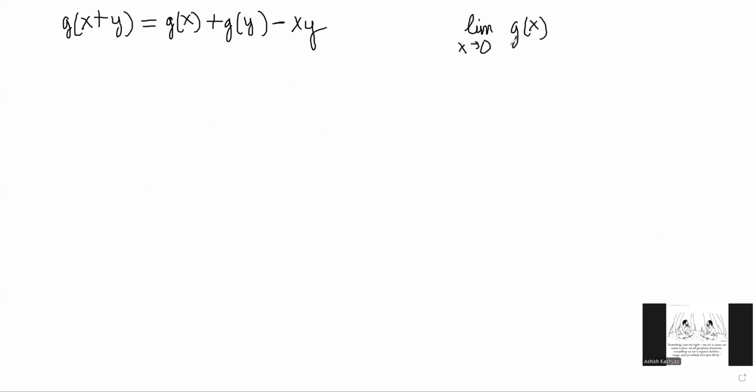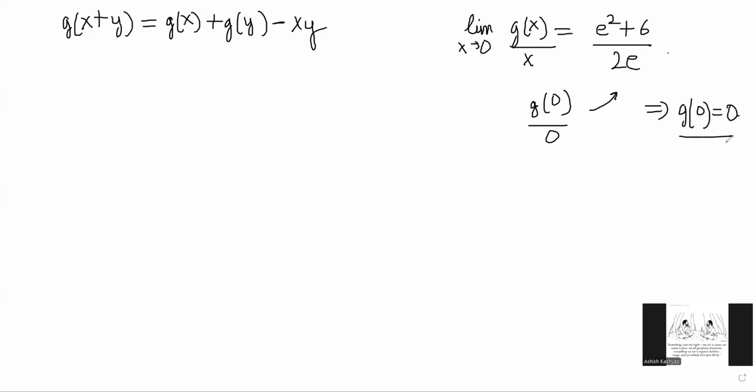So here we had g of x plus y is equal to g of x plus g of y minus xy, right? And we also were given limit of x tends to 0 g of x by x is equal to e square plus 6 by 2e, right? Again, using the same logic as before, this is g of 0 by 0. It cannot be finite unless g of 0 is 0, right?